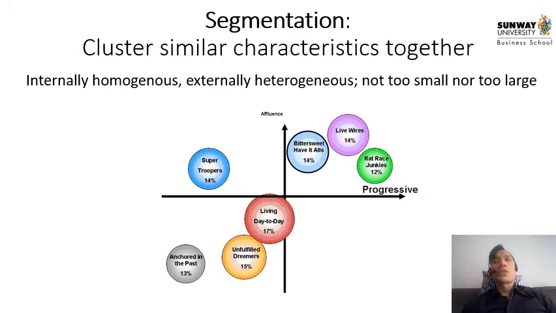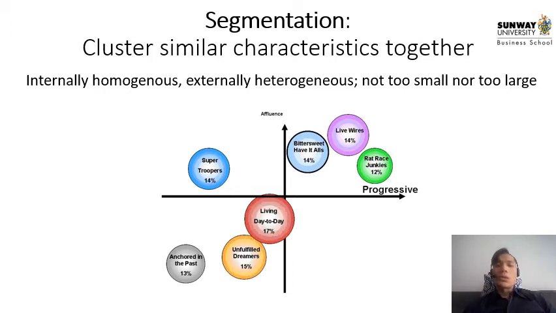Also try to make sure that when we do our segmentation, we do not have too small a number within each segment or too large a number, and balance out as much as we can the ratio of the number of people within each of the segments so that it is meaningful and manageable.